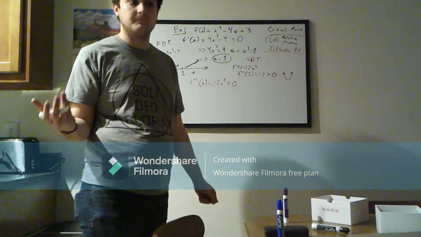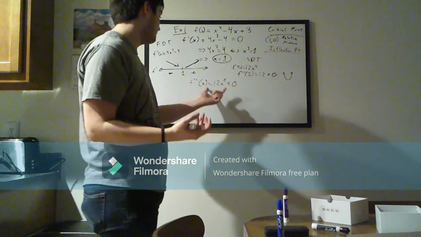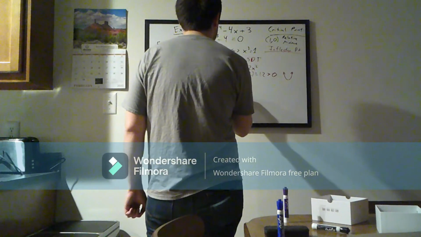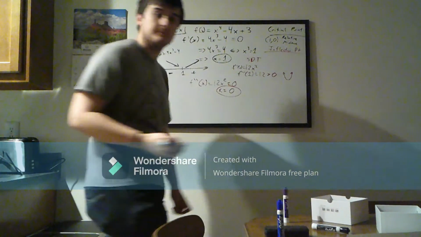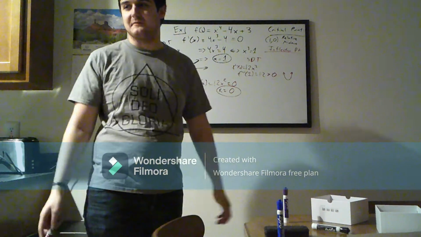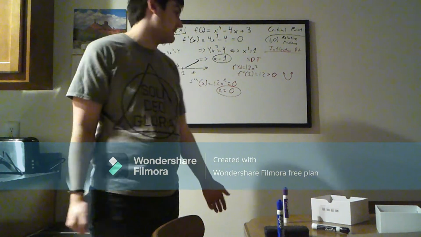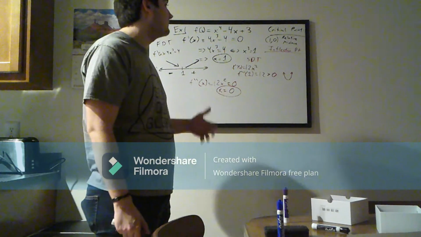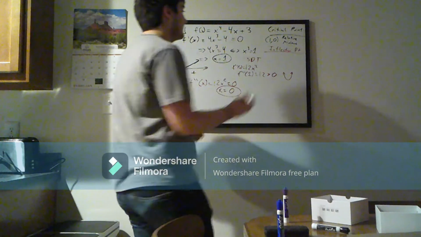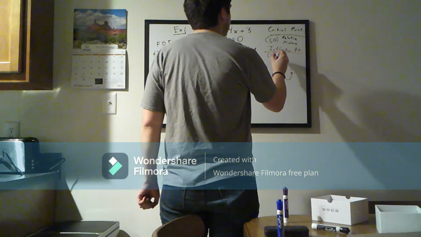Well, what x will make that 0? Well, 0, right? x is 0. And you can check that if you want to, but x is 0 is going to be the only solution in that case. So, x is 0, so what happens when we put 0 inside f of x? We're going to get the point (0, 3).